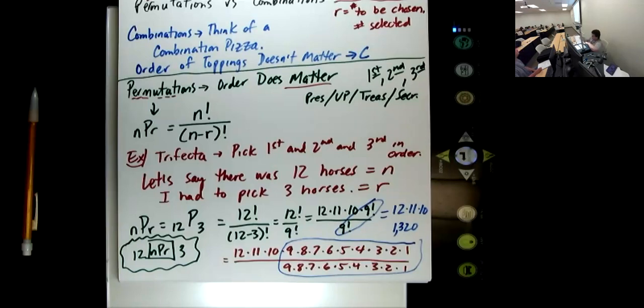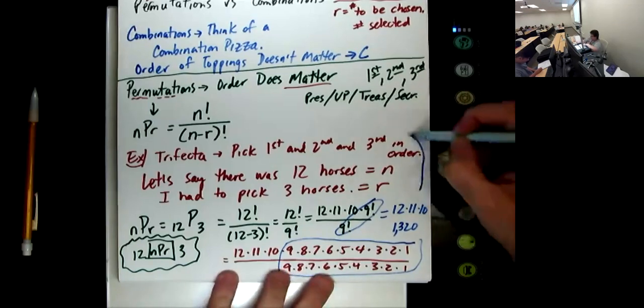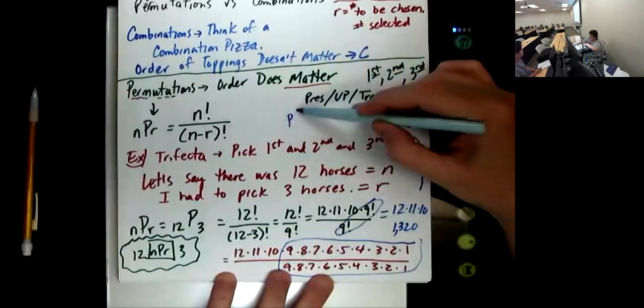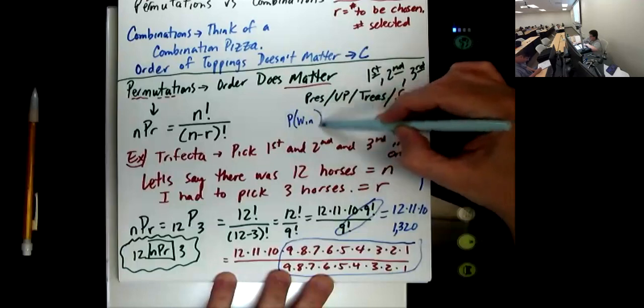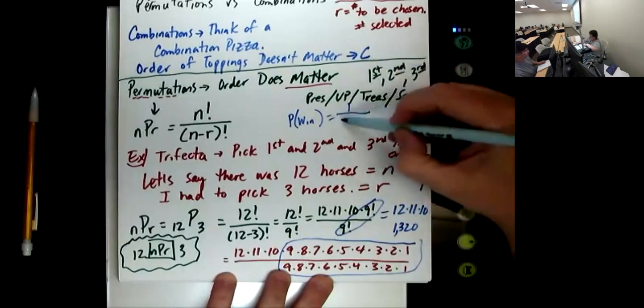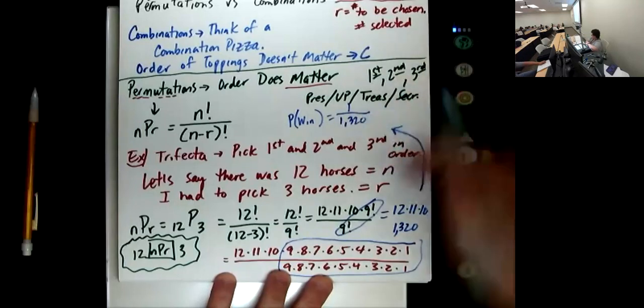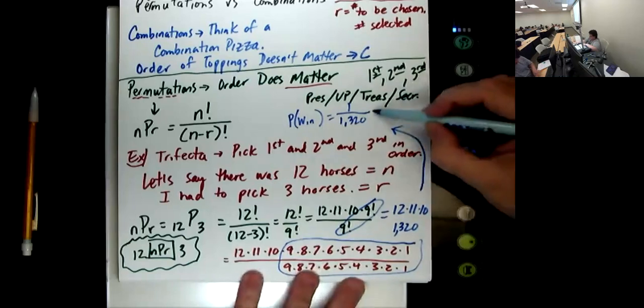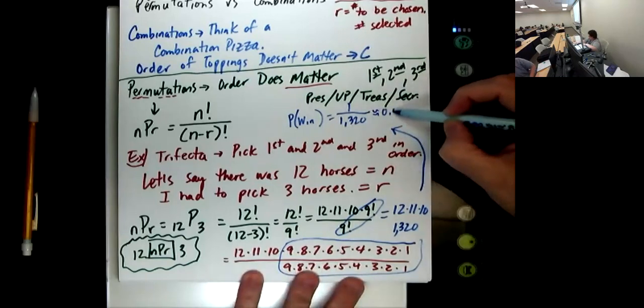So my probability of winning the trifecta, if it was 12 horses, there was only one winning ticket, or one winning combination out of 1,320 combinations, which is 0.000.